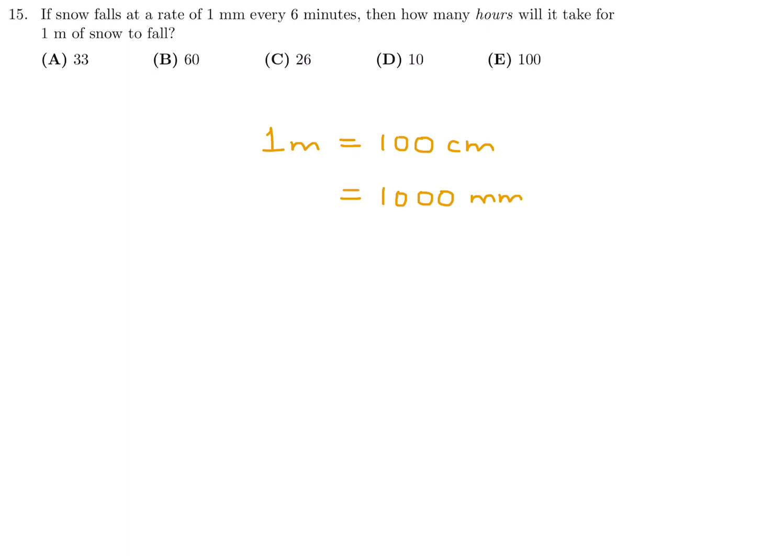So 1,000 would happen 1,000 times 6 minutes, which is 6,000 minutes. Now, they don't want the number of minutes, they want the number of hours. So you take 6,000 and divide by 60, because there's 60 minutes in 1 hour. And this gives you 100 hours. So number 15, the answer is E.